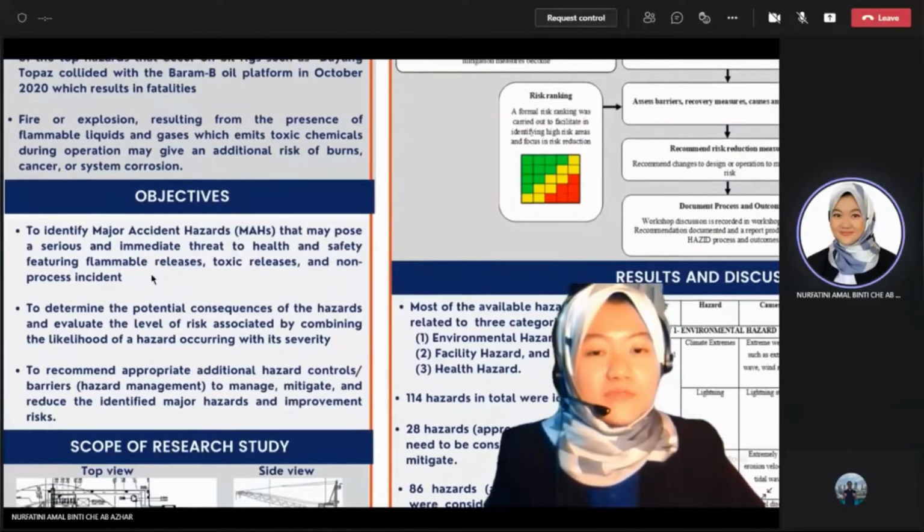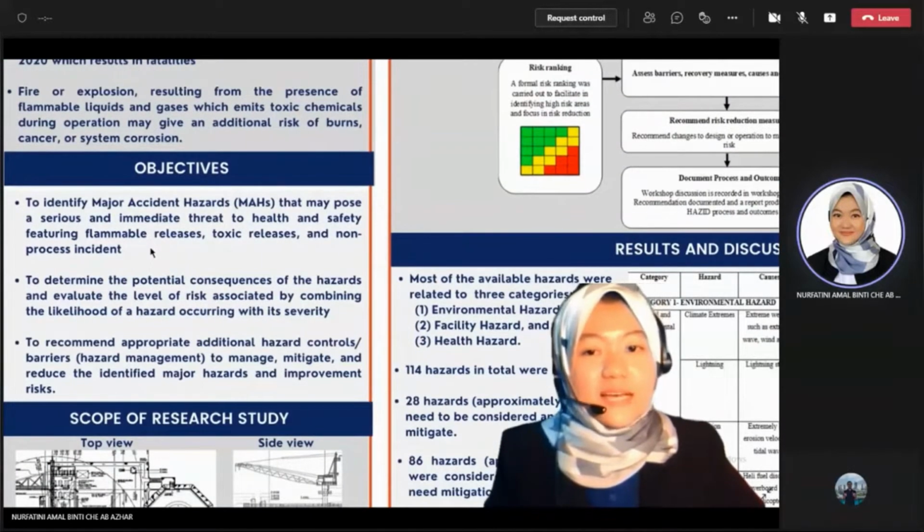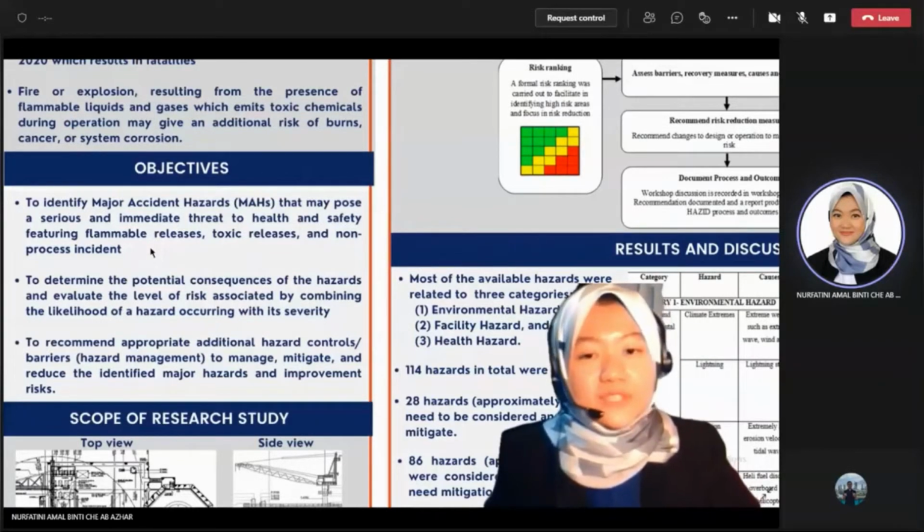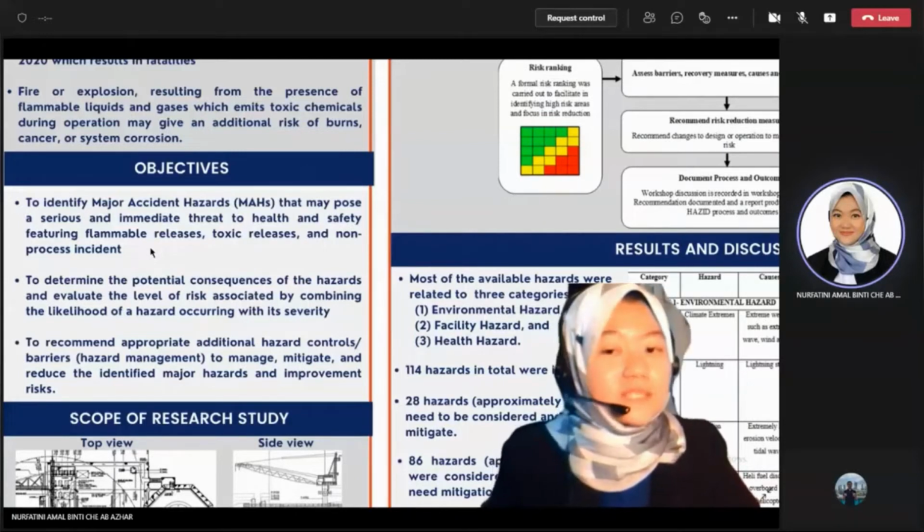The objectives of this study are to identify major accident hazards that may pose a serious and immediate threat to HSE, featuring flammable releases, toxic releases, and also non-process incidents.